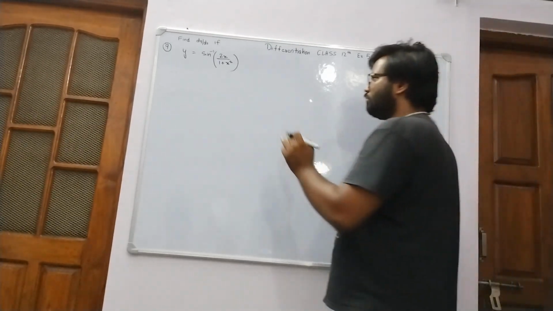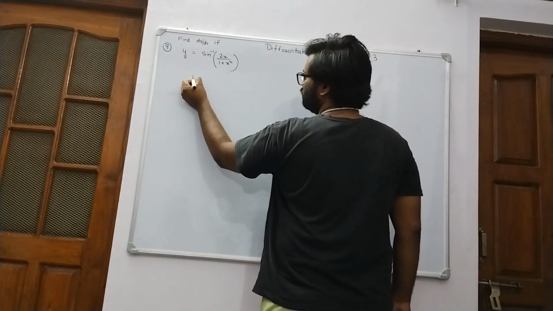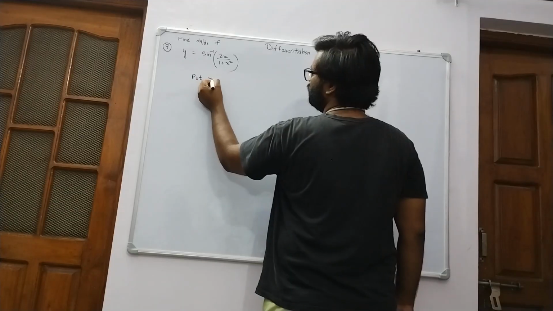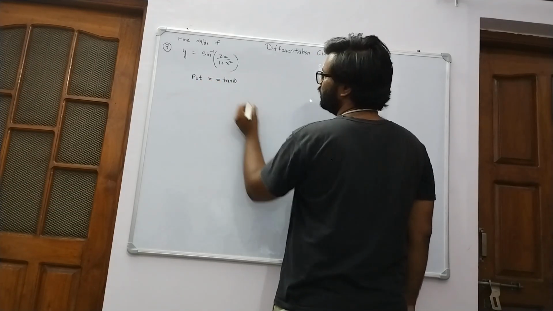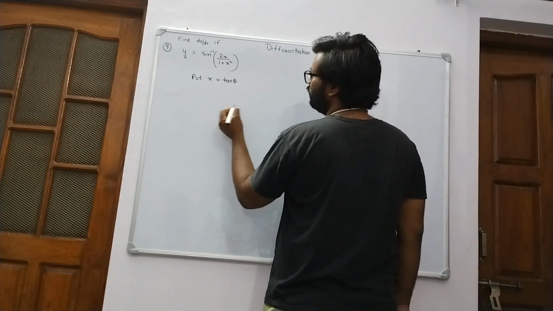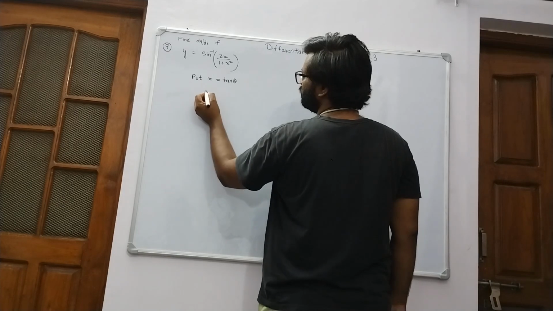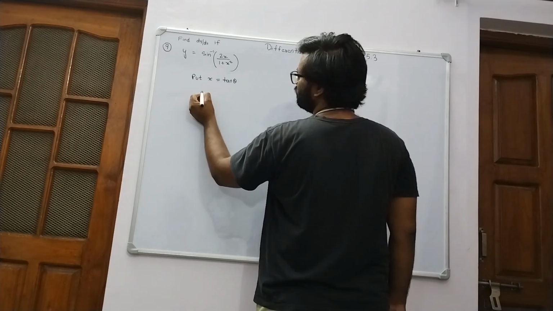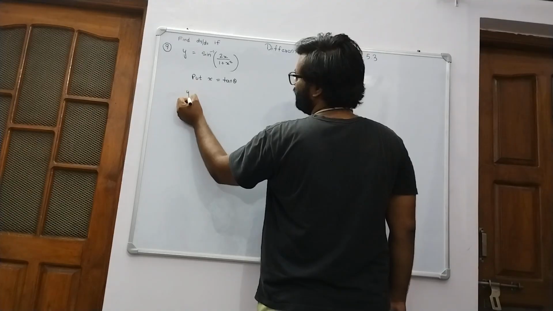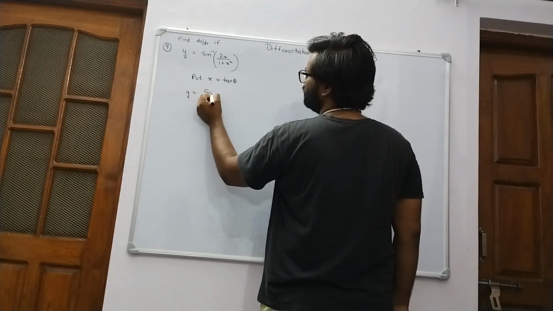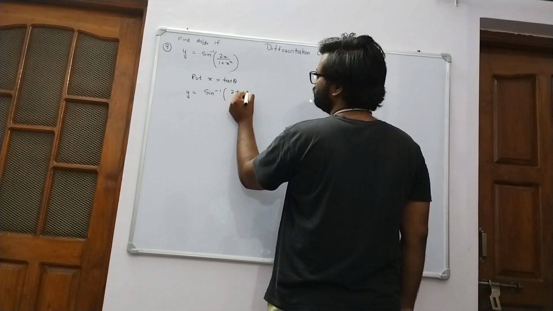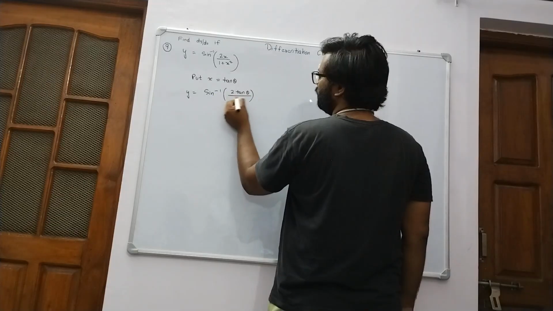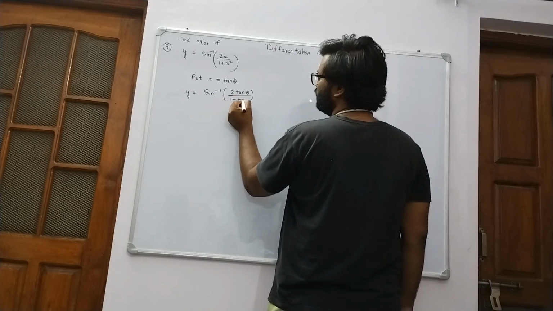Now we will put x is equal to tan theta. Okay, and now what we'll get is y is equal to sine inverse 2 tan theta whole upon 1 plus tan square theta.